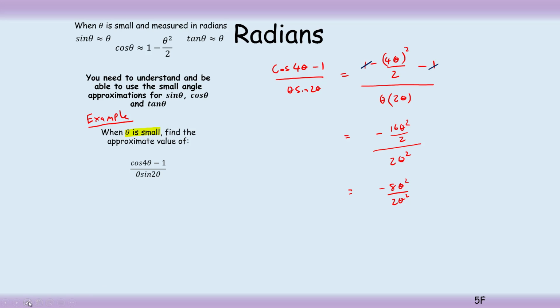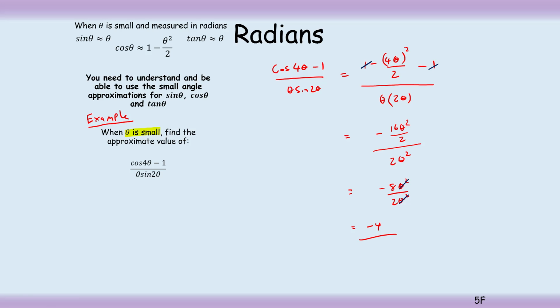Now the theta squareds cancel each other, so we basically get minus 8 divided by 2, which is minus 4. So there we are, our expression approximates to minus 4.